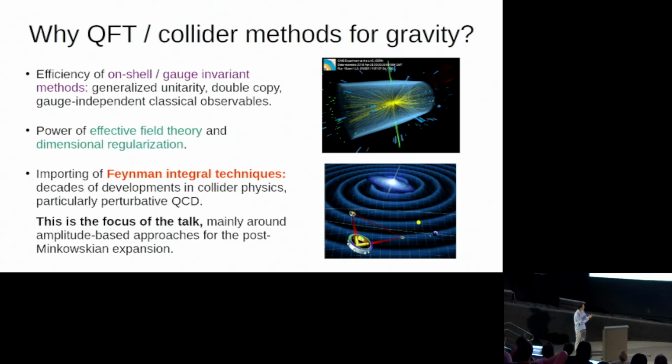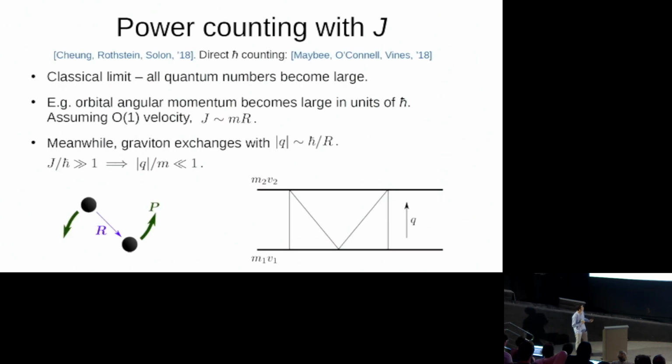So this is the focus of the talk, and it will be heavily biased towards amplitude-based approaches for the post-Minkowskian expansion, though I'll mention other exciting topics like worldlines. First, I'll talk about kinematic expansions, which map the classical expansion, i.e. the h-bar expansion, to a kinematic expansion in amplitudes.